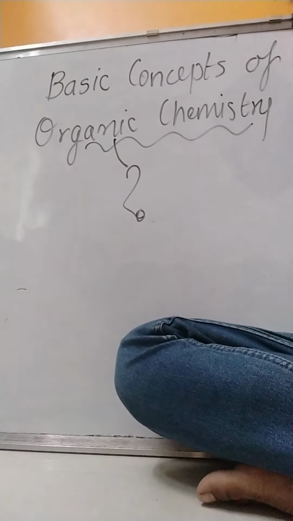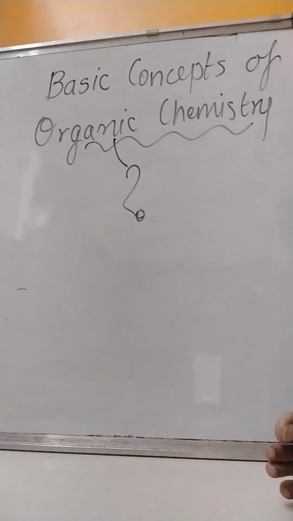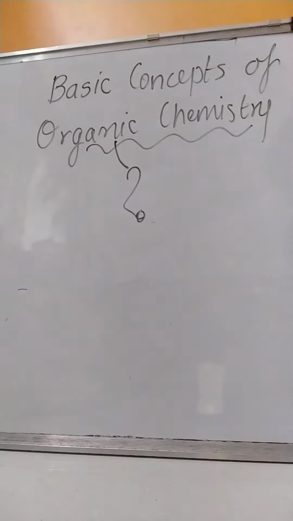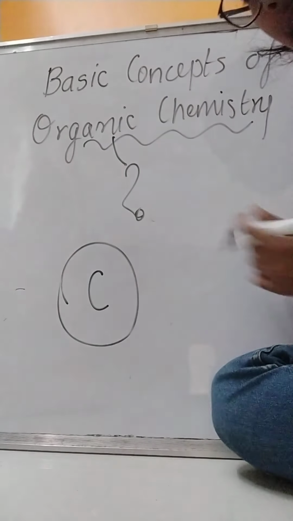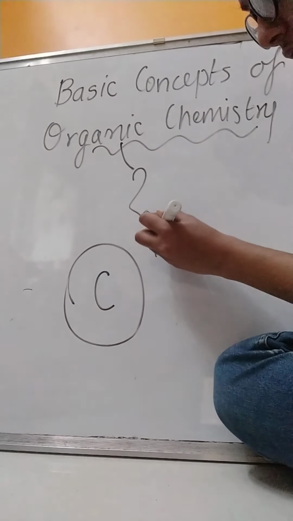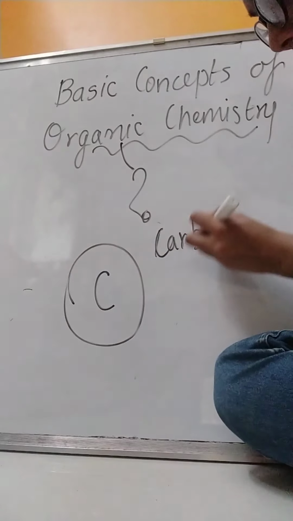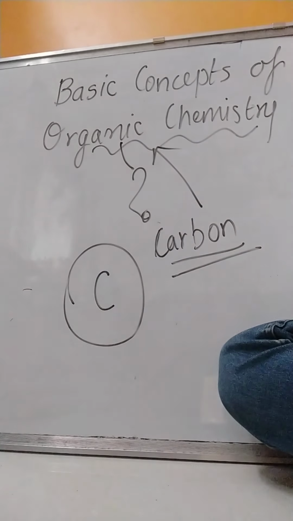Now the question comes, what are organic compounds? So here is the answer. Whichever compounds have the very great element, which is carbon, in them are called organic compounds.